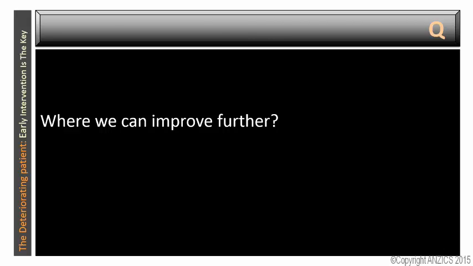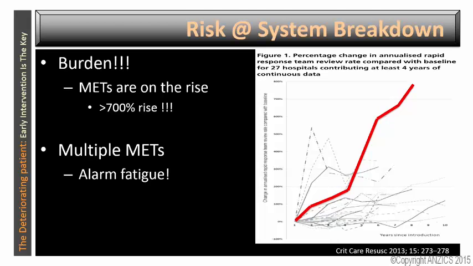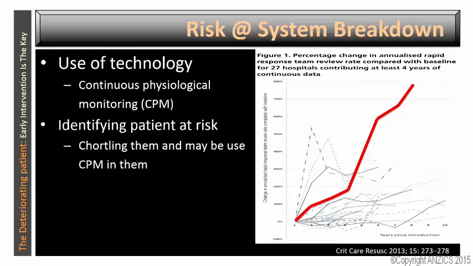So where can we improve from here? I think the main problem is our whole MET system is at risk of breakdown, because again, what we've shown is that in a few centers there is about a 700% rise in the proportion of MET calls since they have implemented the program, and with multiple METs happening concurrently, there's quite significant alarm fatigue, and we need to do something about it.